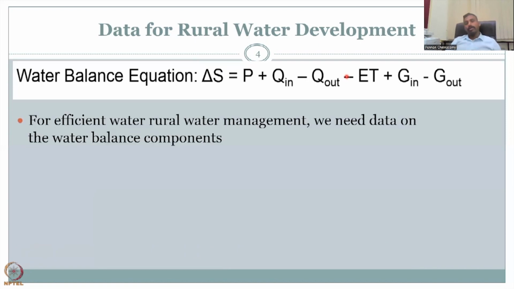For efficient water management in the rural regions, we need data on the water balance components. And this happens by looking at each and every component individually and together in a water balance equation.